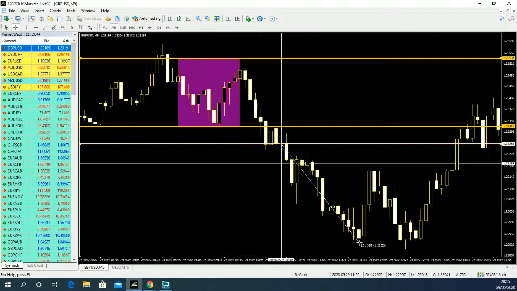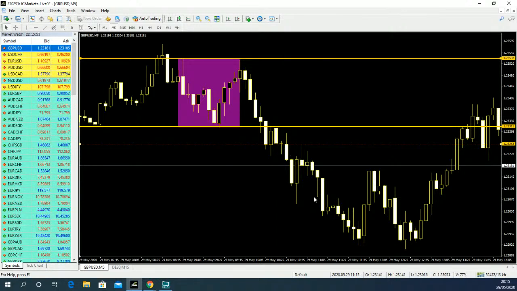Yes, ladies and gentlemen, we got 33 pips. So there is no excuse not to hit your TP1 on this one. Not a single excuse, because you got over 10 pips above your TP1. So you should be all right.